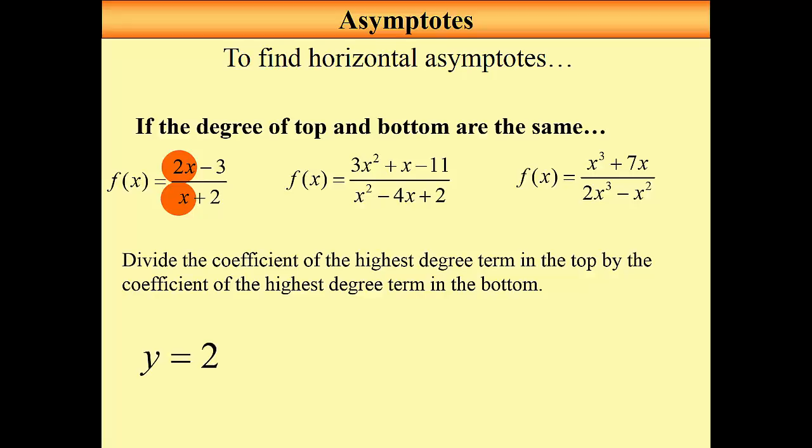In the second one, 3x squared on top is a degree 2. x squared on bottom is degree 2. We divide coefficients. 3 divided by 1 is 3. Third one, x cubed on top, 2x cubed on bottom. We divide the 1 and the 2.